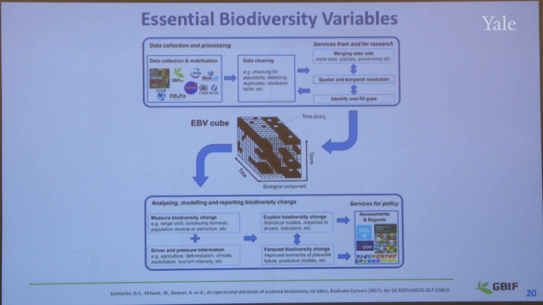And then the bottom here basically leads to the area on the right here, which is assessments, reports, other key decision documents. And one of the reasons for generating this format in the first place was to help identify whether or not nations in the world were meeting their biodiversity targets and other sustainability goals for the United Nations.